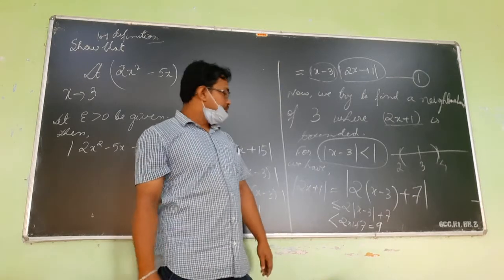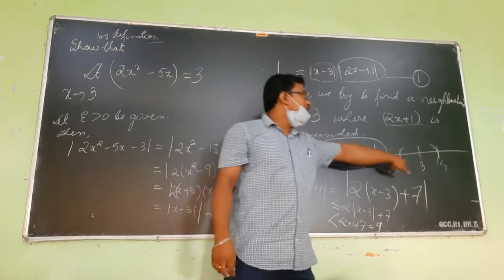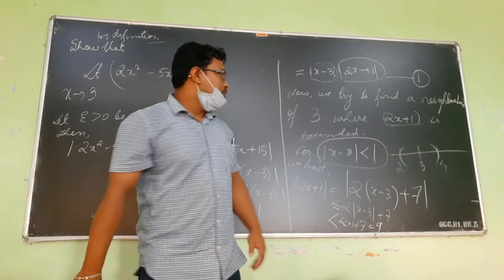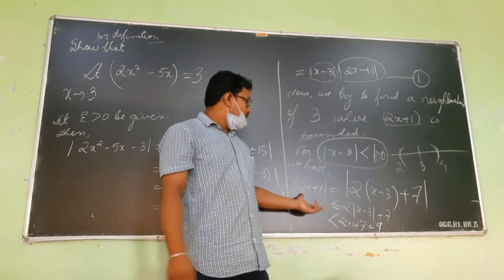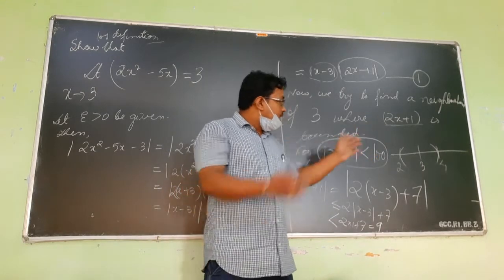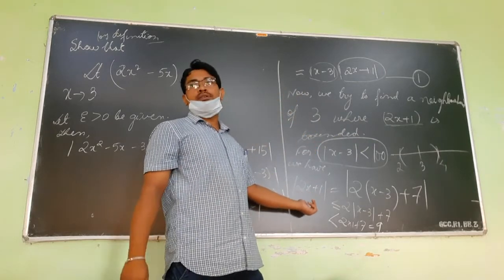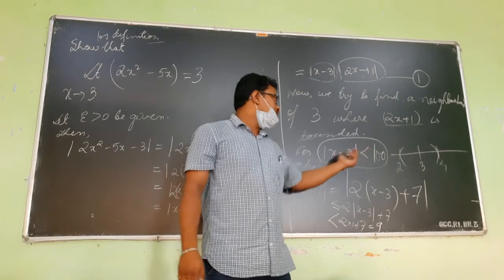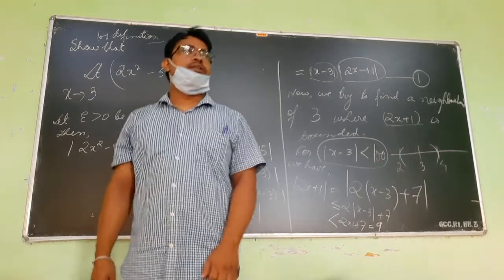I am considering one neighborhood of 3. You can start with 100 also. It depends on this function. I am trying to find out a region around 3 where this function is bounded. You can start with anything.